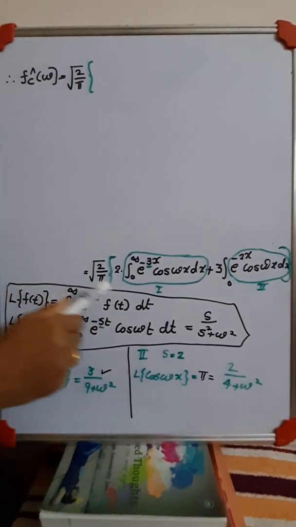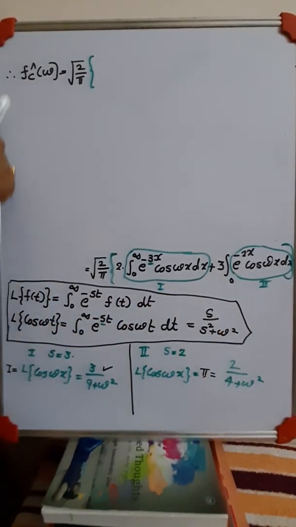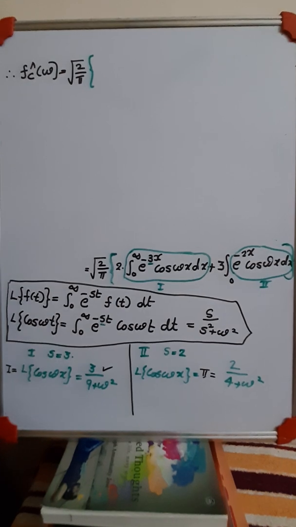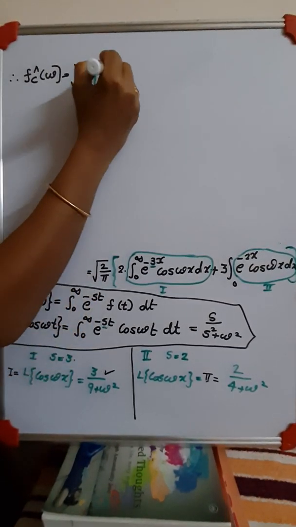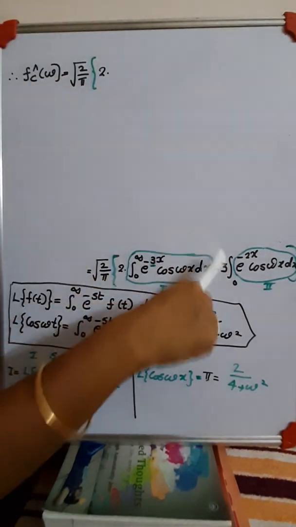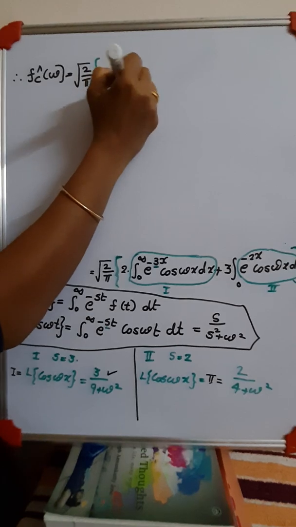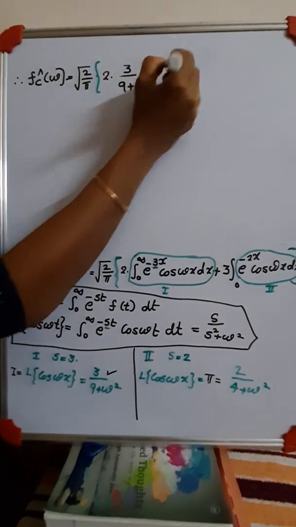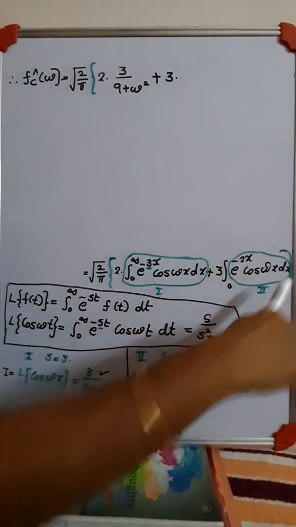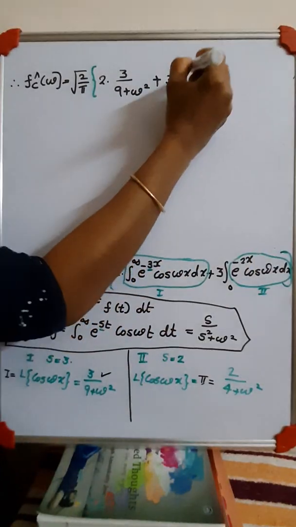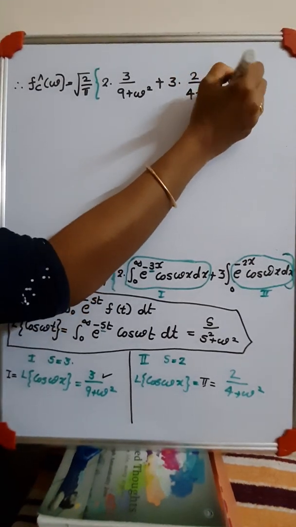Now we can substitute the values of the first integral and second integral. That means the Fourier cosine transform of omega is equal to root of 2 by pi, then 2 into the value of the first integral, 3 divided by 9 plus omega square, plus the second term, 3 into the value of the second integral, 2 divided by 4 plus omega square.